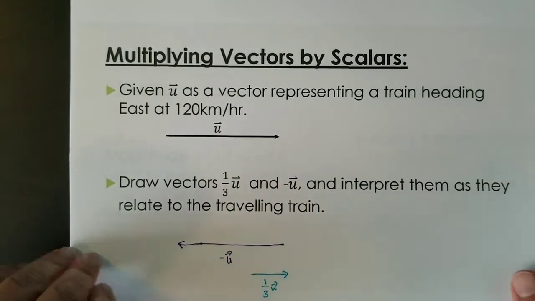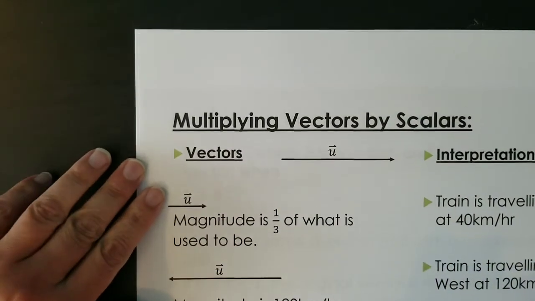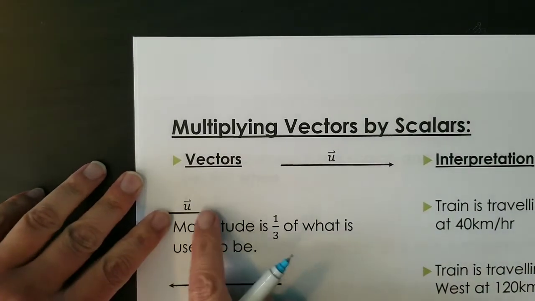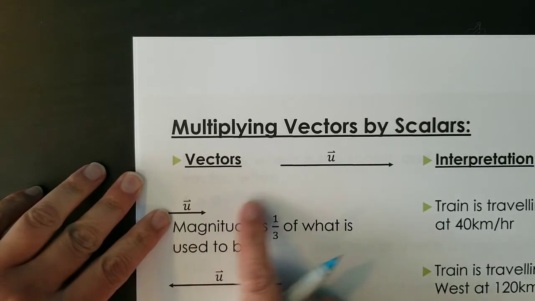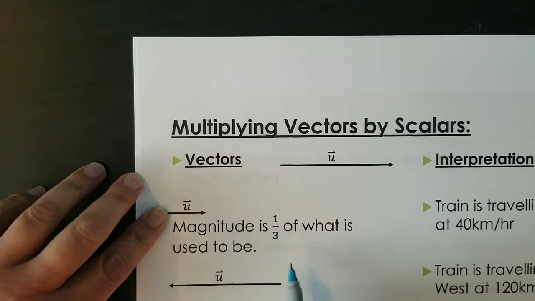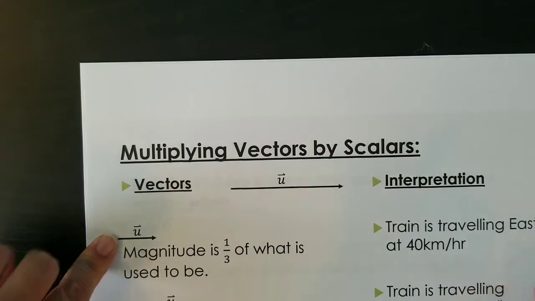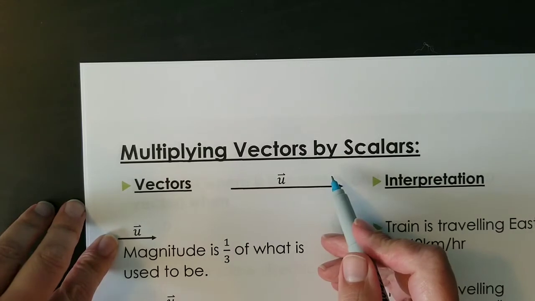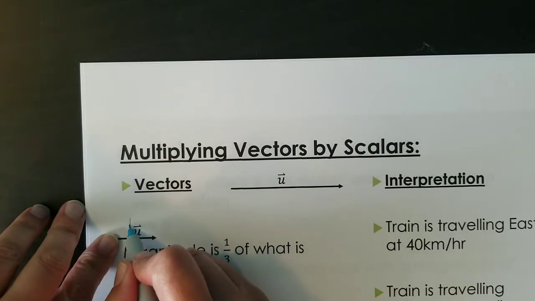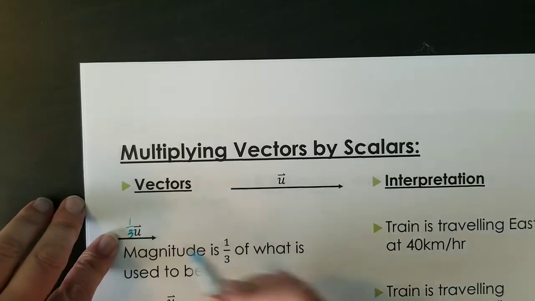So if we were to interpret that in terms of the train, if u was here, then 1/3 of u has a magnitude of 1/3. So compared to the 120 kilometers per hour, this one would have 1/3 the magnitude.